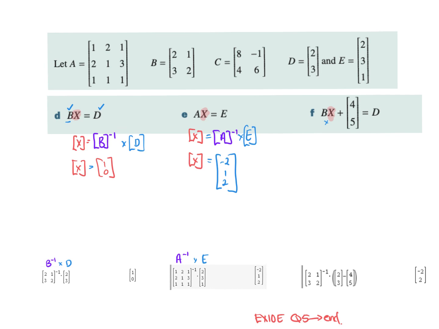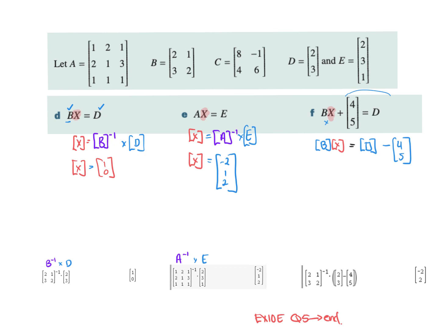So that's the first thing you'll have to move. Just to show you, we're going to leave the B there. We're leaving these two here. I've got the D there. Oops, sorry. Now I've moved this one first, so I've got minus 4 over 5. That works because D is also a 2 by 1.